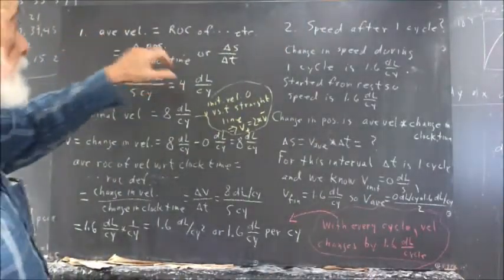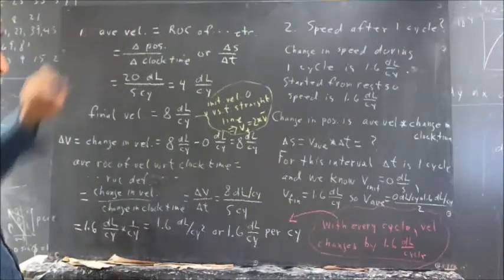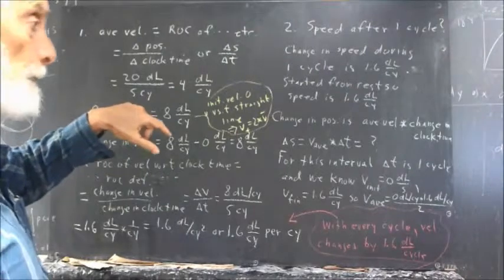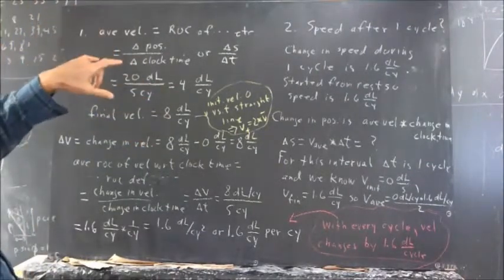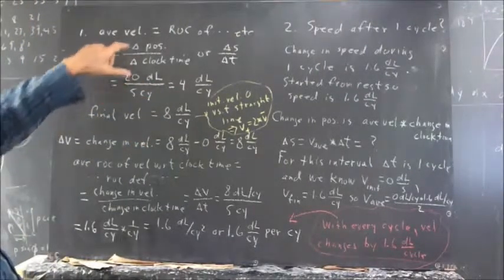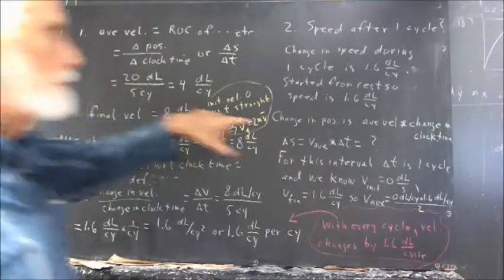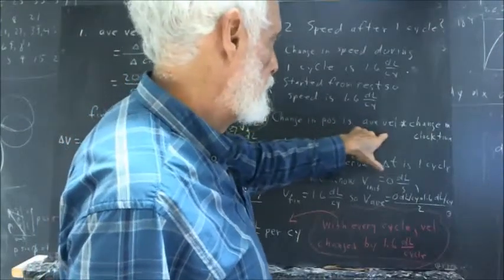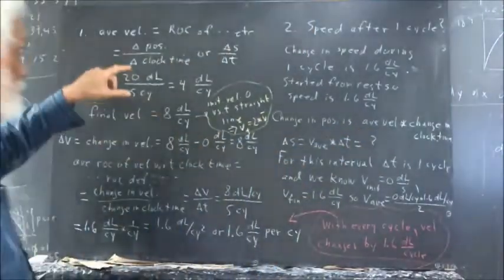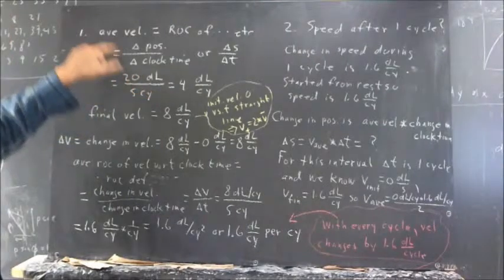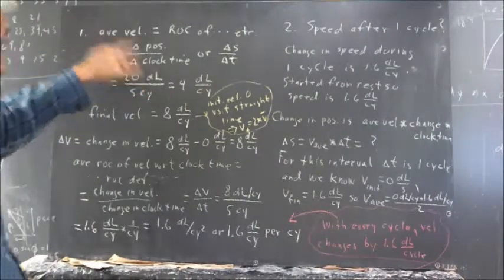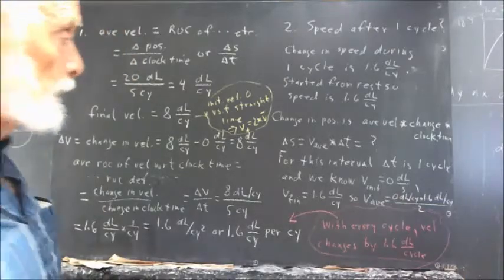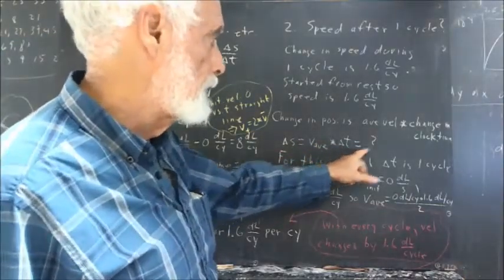Going back to our basic relationship, we know its speed or velocity. We want to find the change in its position. But we need the average velocity, and right here we just have the velocity. So we need to find the average velocity, and having found that, multiplying by the change in clock time will give us the position by the simple algebra of multiplying both sides by the change in clock time. So delta S is V average times delta T equals what?